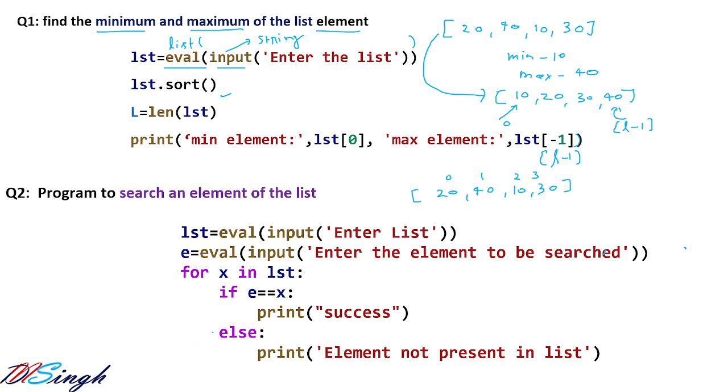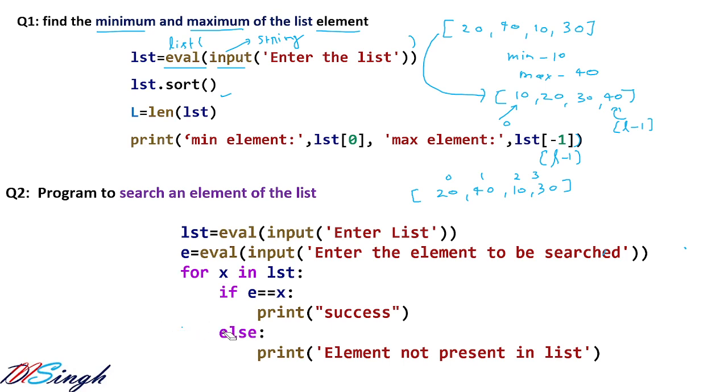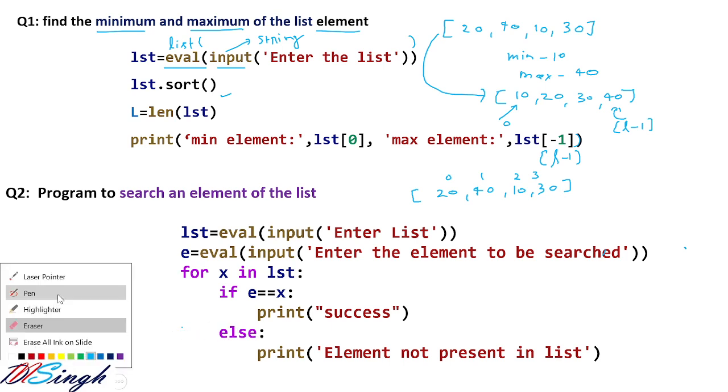Remember, this else is not part of this if. This is a part of for. So you should write that else from here, because we can use the else statement with a for loop. I am going to write it in a cleaner form. Let me erase this content here. Okay, fine.